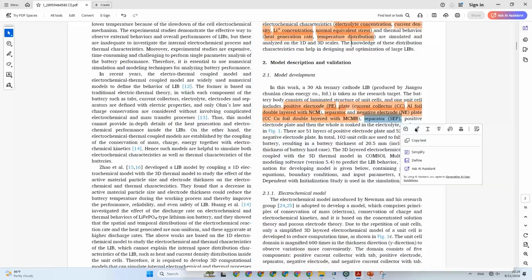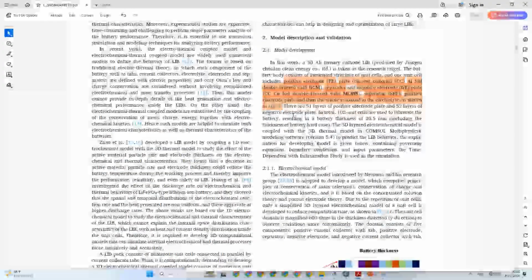Maybe this continues, and this is a periodic structure. Separator, positive electrode plate, and then the whole is soaked in the electrolyte as shown in Figure 1.